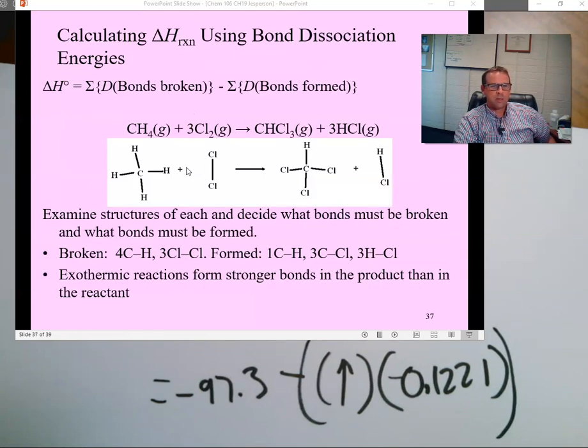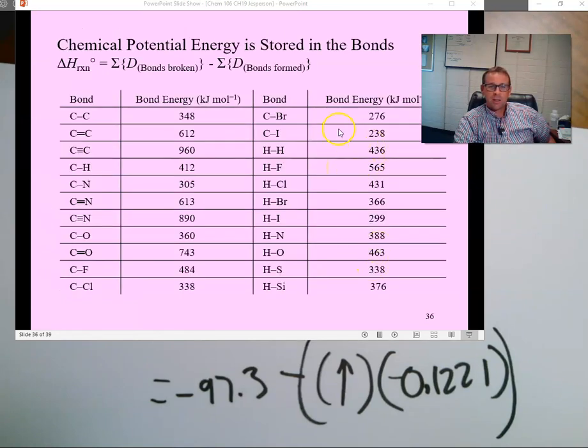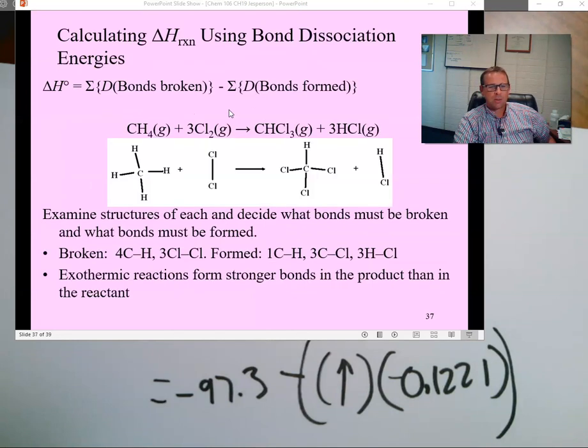So one thing we can do is count up the different kinds of bonds we have on the product side and on the reactant side, find their energies here, and then simply go reactants minus products, and we'll have our delta H for this reaction.